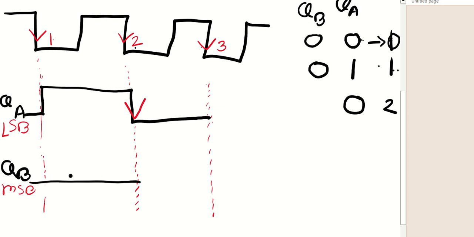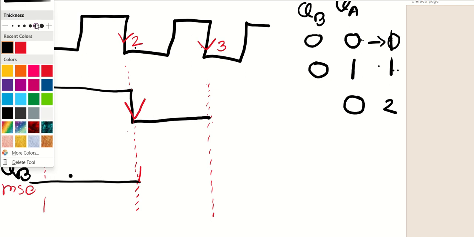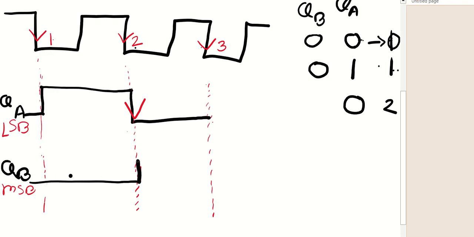Means when your QA goes from 1 to 0, this will act as a negative edge for the B flip-flop. And at that time, your B flip-flop output will get toggled and it will change from 0 to 1. Okay. So at this point, you will get output and it will change from 0 to 1. So as it was 0 initially, now it will change to 1.